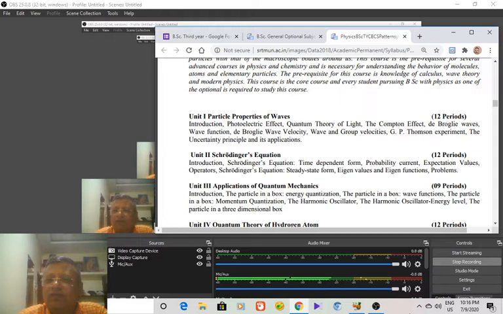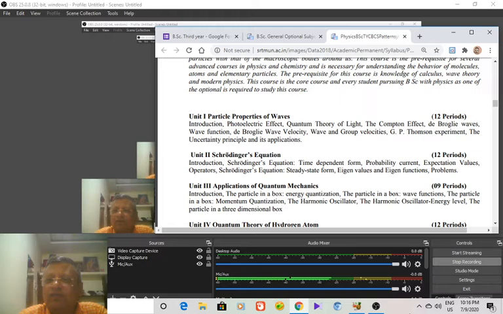The title of the paper is quantum mechanics. The syllabus of this paper follows the same pattern as earlier years' papers.